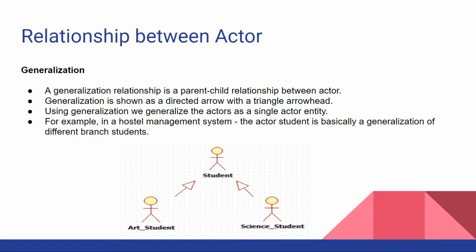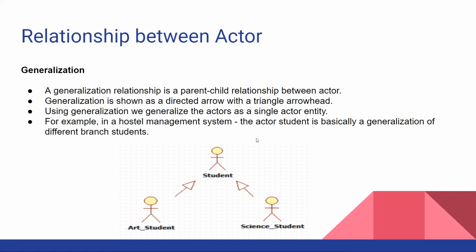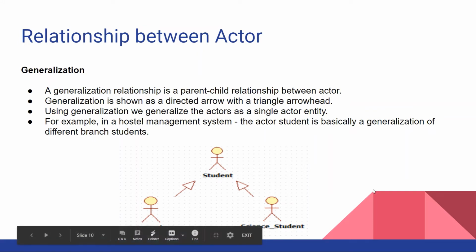There's one more important type of relationship in a use case diagram, and it is nothing but generalization. Generalization is used to show a parent or child relationship between actors, and the representation is a directed arrow with a triangle arrowhead. We use generalization when we want to generalize the actors as a single actor entity. For example, consider a hostel management system.